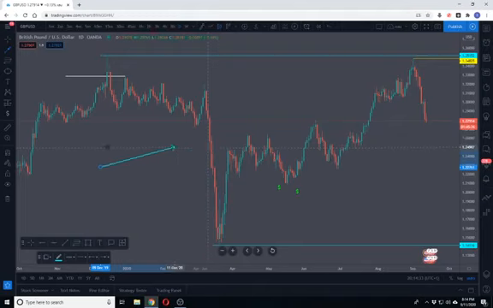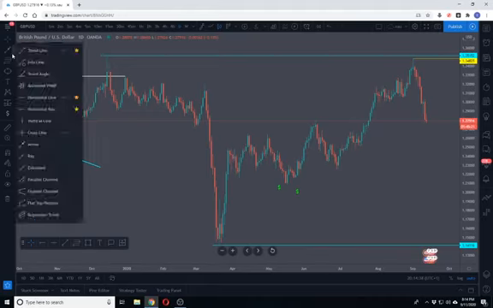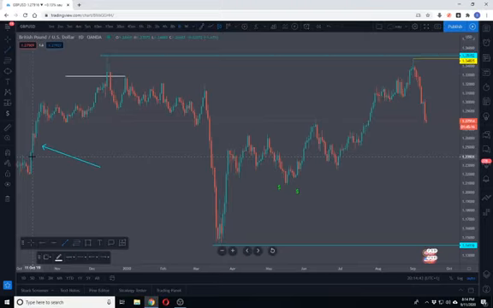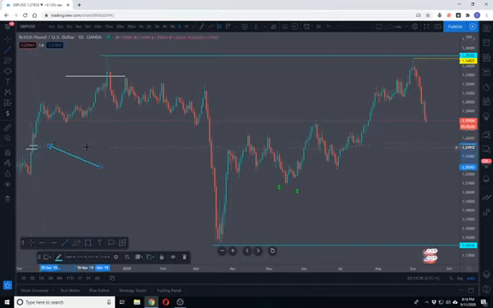It's only when the market comes down to this imbalance over here, between these two wicks, that it closes off the imbalance by touching that wick right there, and then it reacts a little bit.